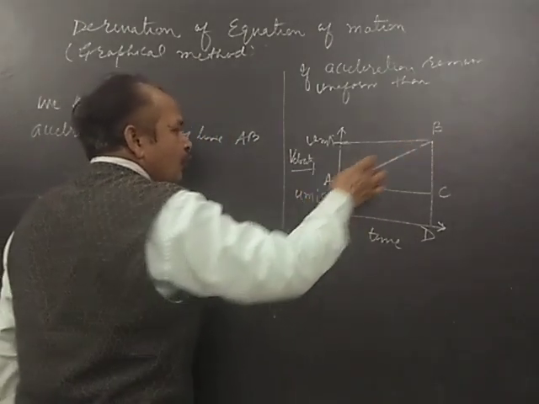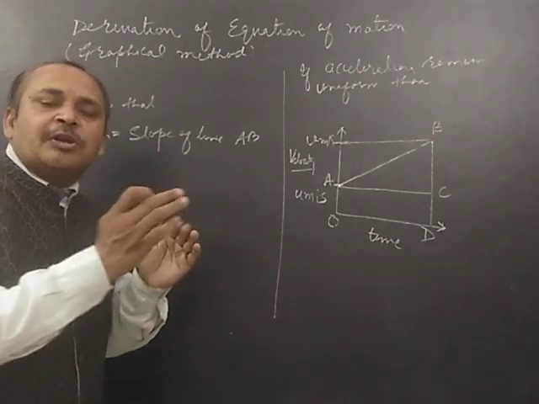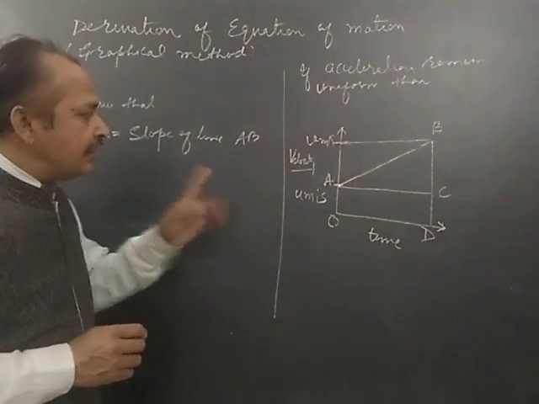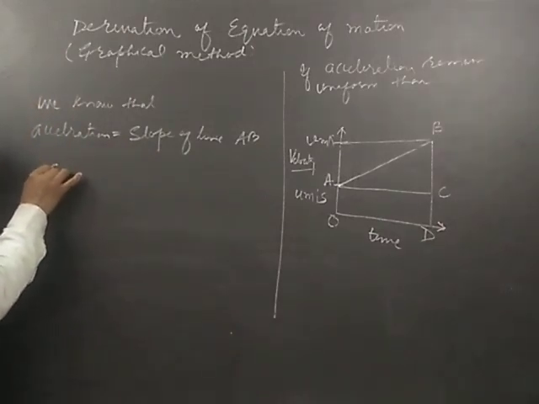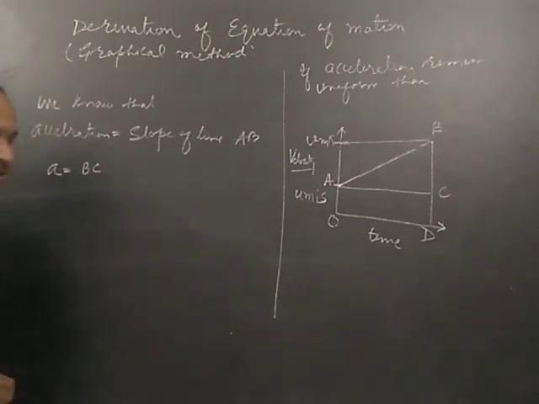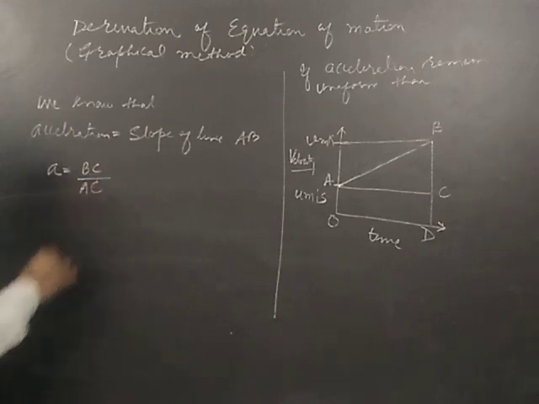What is the slope of this line? That is perpendicular by base. This is the slope of the line AB. So that means a is equal to perpendicular, which is BC, over the base, which is AC.